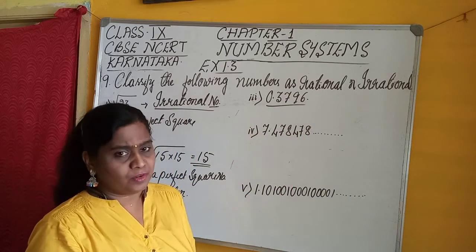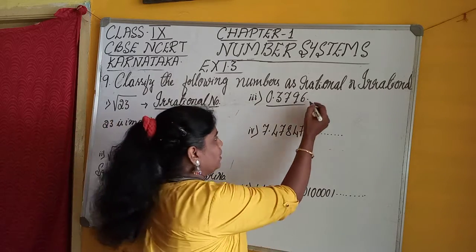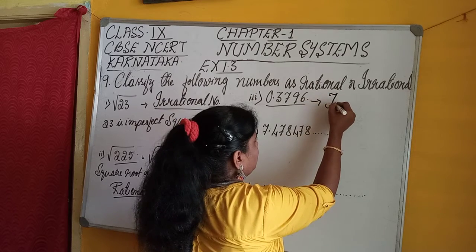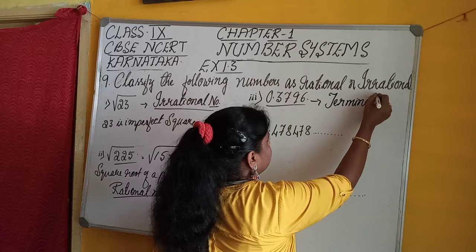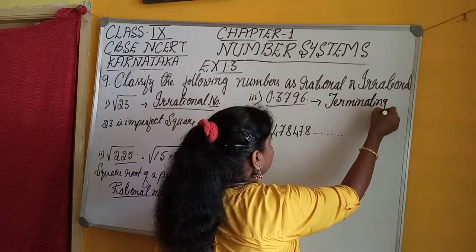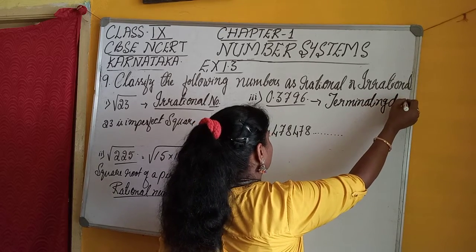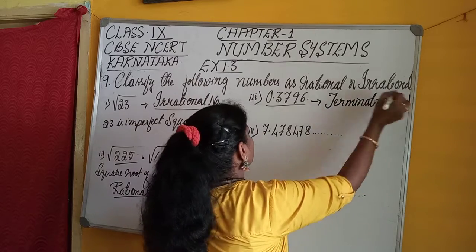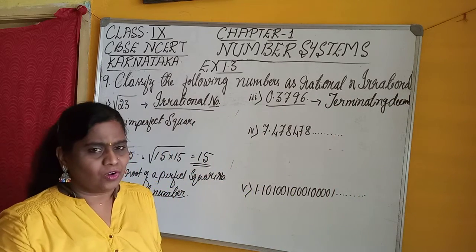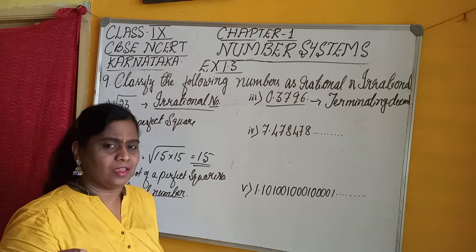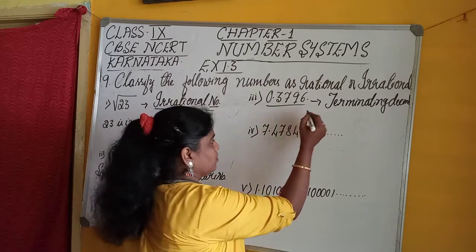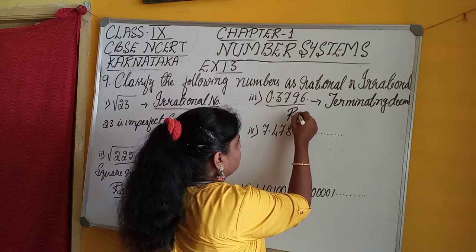It is a terminating decimal. Terminating decimals are nothing but rational numbers. These are rational numbers.